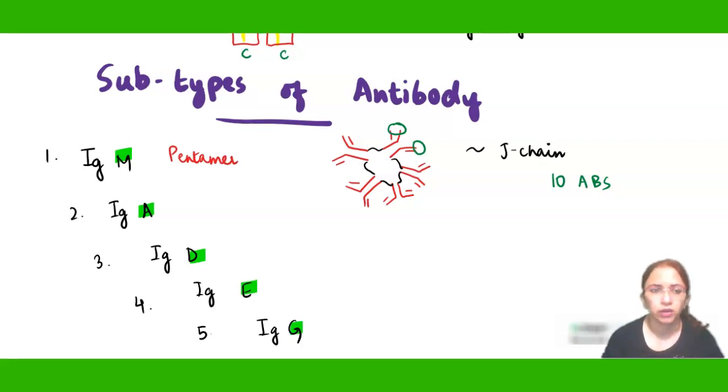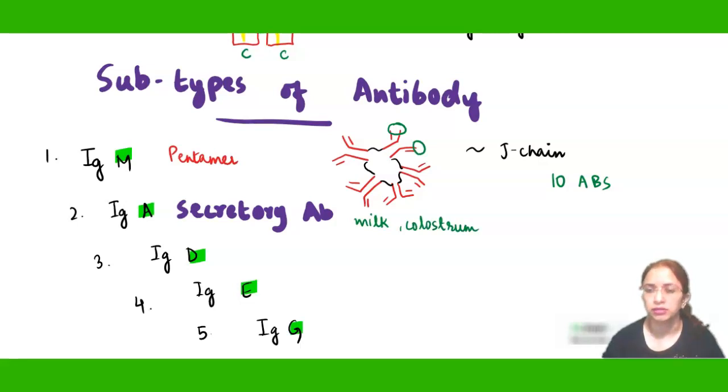Right? Now let's come on to the next one, which is IgA. IgA is also known as secretory antibody because it is present in the milk of the lactating mother, and it is also there in the colostrum.